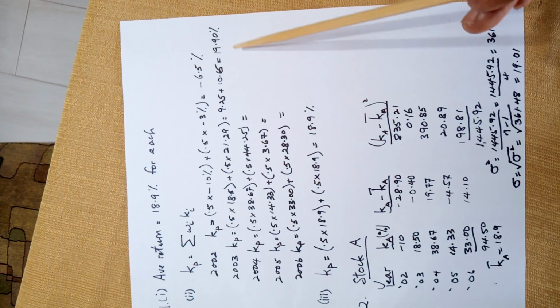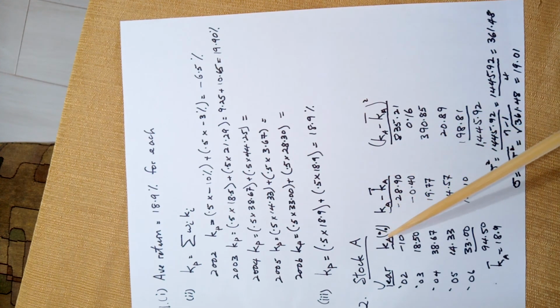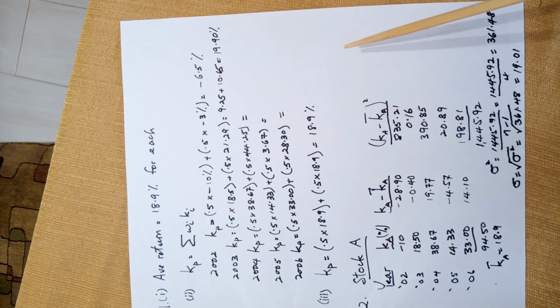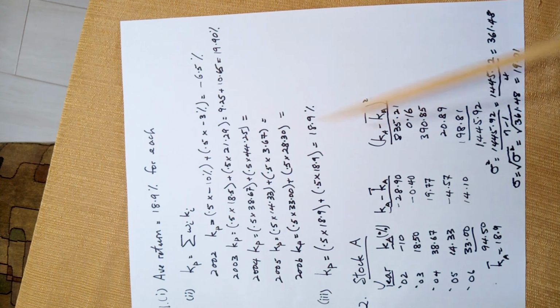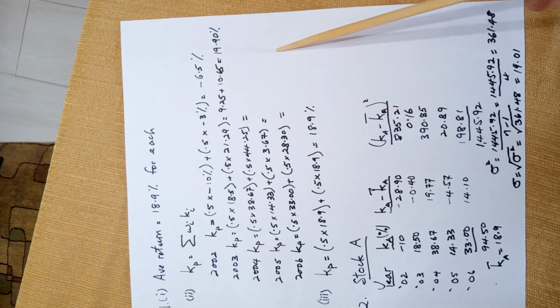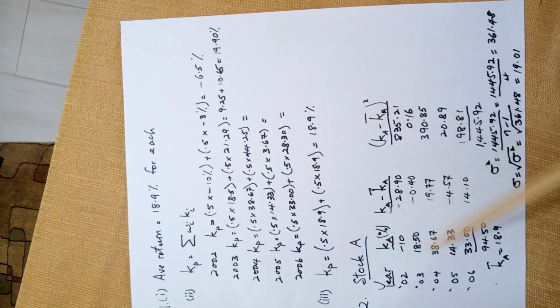Those 5 values would then go here, and you treat it exactly as you would treat stock A or stock B. The method is the same, only the values change, and you work through. So this, finding this standard deviation and variance for stock A, is the template for you to use to find those values for stock B as well as for the portfolio.